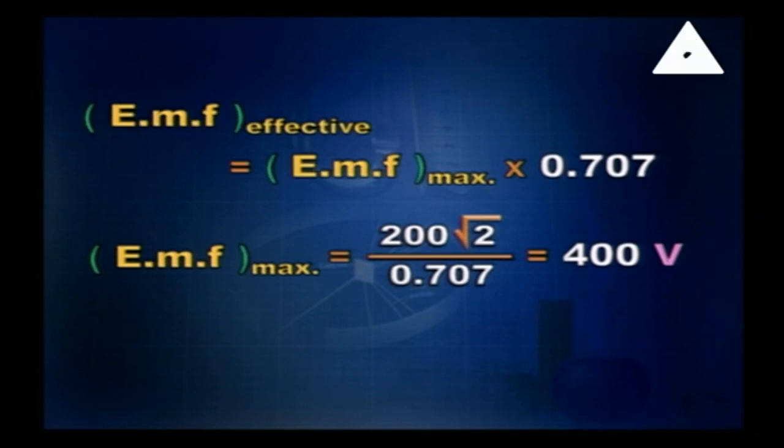Concerning the first part of the problem, effective value of the EMF is given by EMF maximum times sine 45 or cosine 45, which is equal to 0.707. So maximum EMF equals the effective value over 0.707. It is 400 volt.